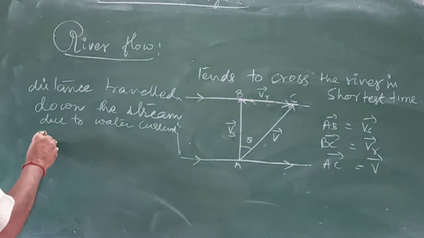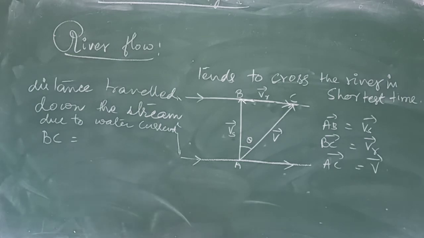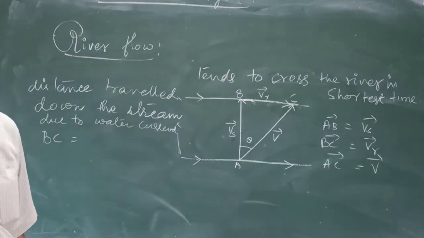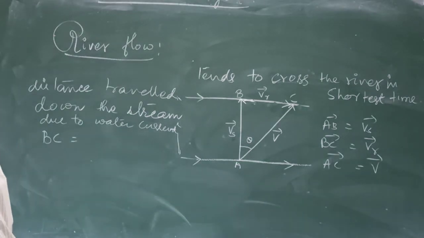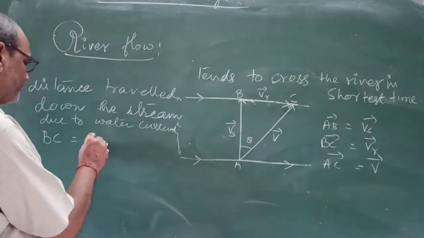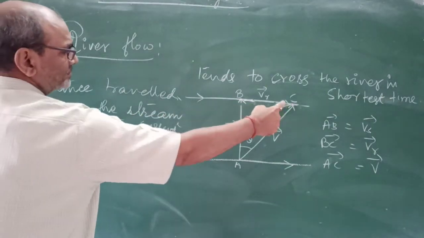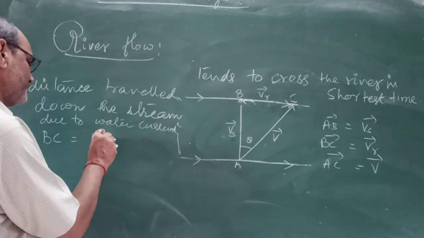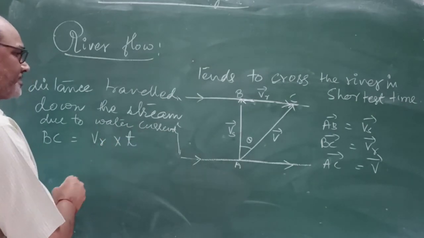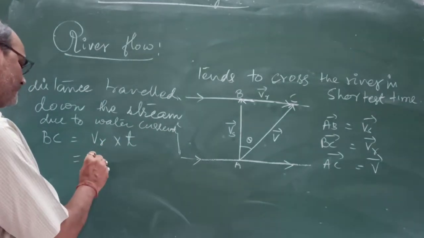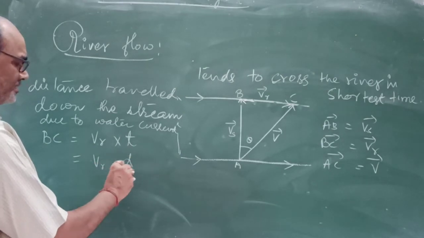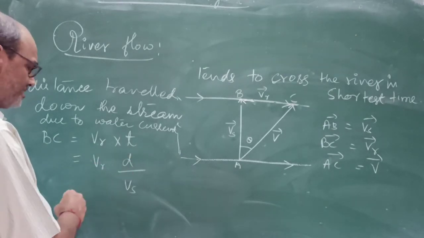Therefore, DC is equal to velocity into time. Velocity of what? In BC, which velocity? VR into time. Time T is equal to how much? VR into D by Vs.